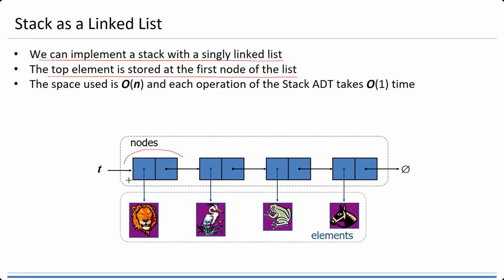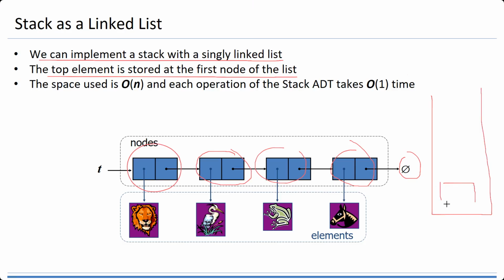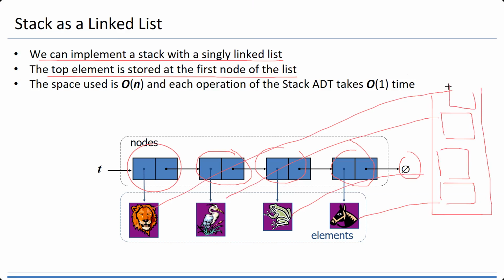So for example, this is the top, and then this is the next, this is the next, and then this is the last. So if we look at the stack like this, this is the first, this is the second, this is the last, and then this is the top. So we can use stack for this problem.